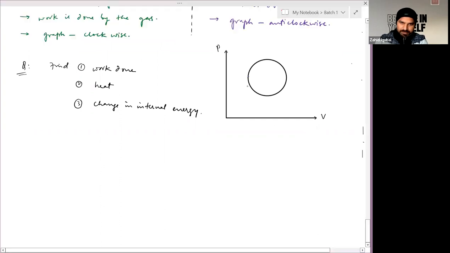One of the coordinates, this is V0, and this is 3 times V0. This is P0, and this is 2P0. Along this way. Try to find using the above concept related to these different terms.